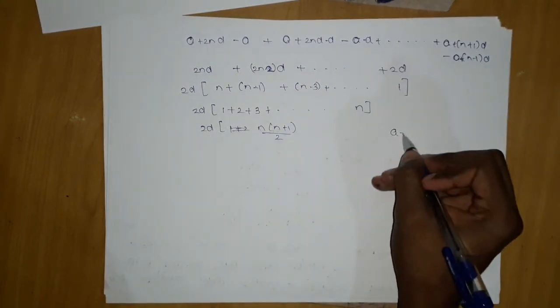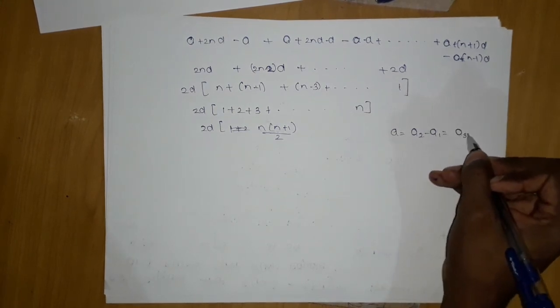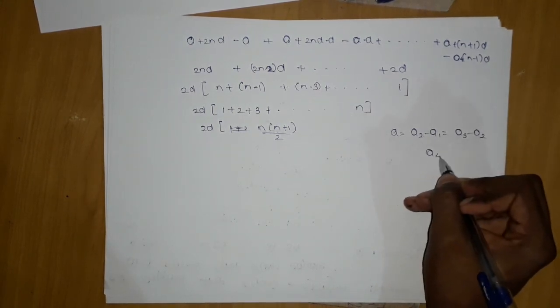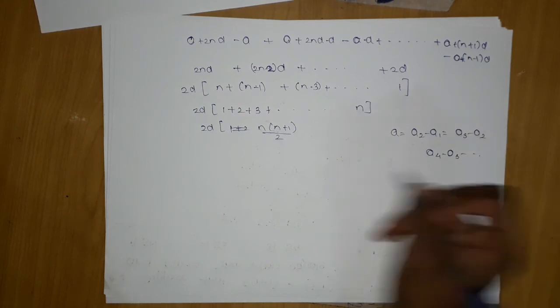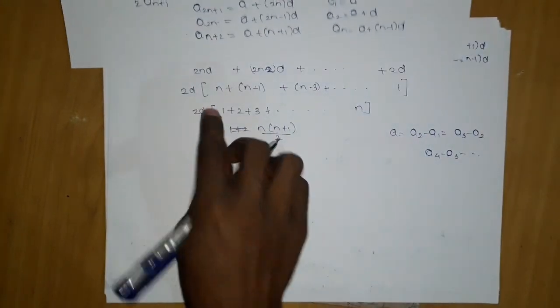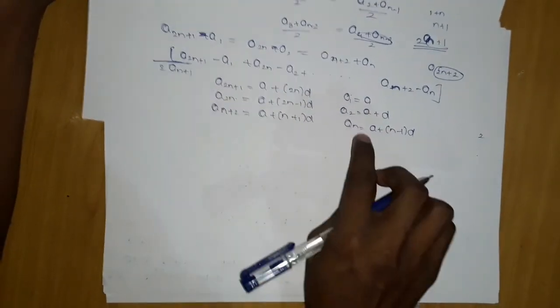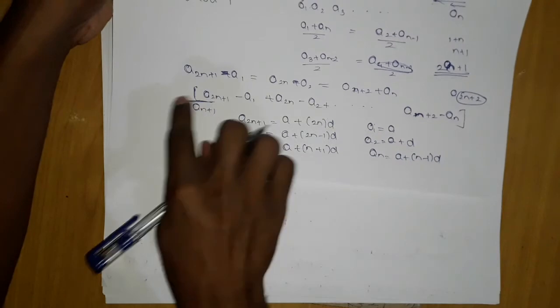Now difference is always, you know, if terms are in AP, a2 minus a1 is equal to a3 minus a2 is equal to a4 minus a3, you know this, and so on. Okay, so I want here it should be a2 minus a1, so I can write d as a2 minus a1. 2 will cancel out. Okay, let me write all the things. This whole thing which was present here has become this.